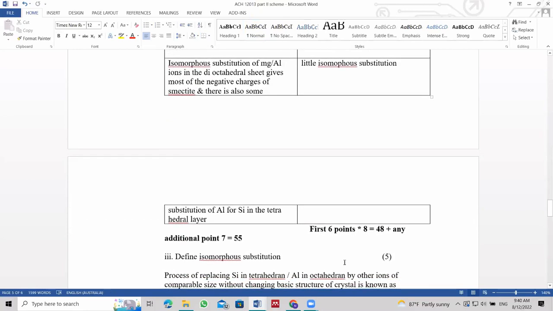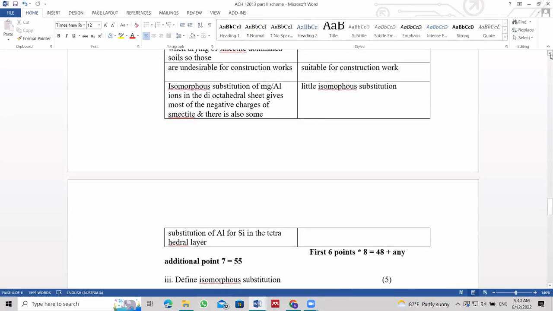Okay. Then define isomorphous substitution. So what is isomorphous substitution? Replacing a cation element for another without disturbing the structure. Same charge and similar size. Replacing cation where?